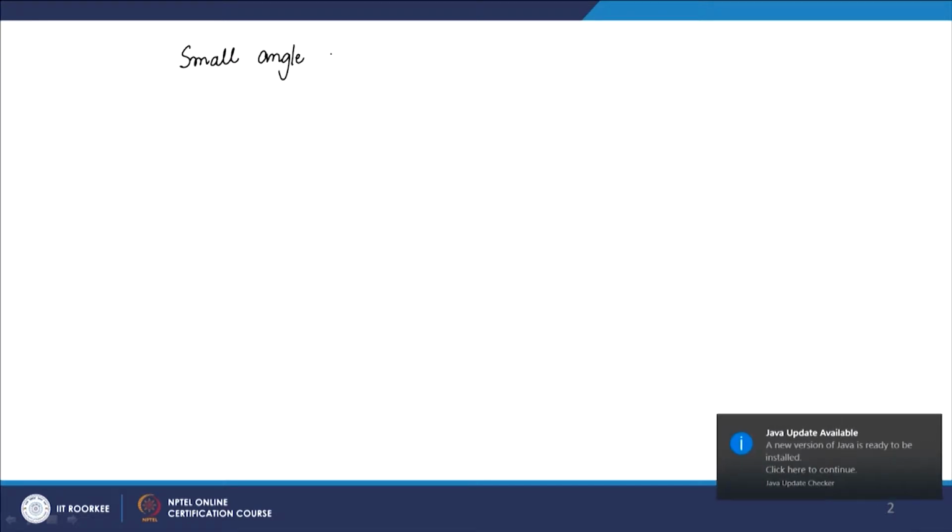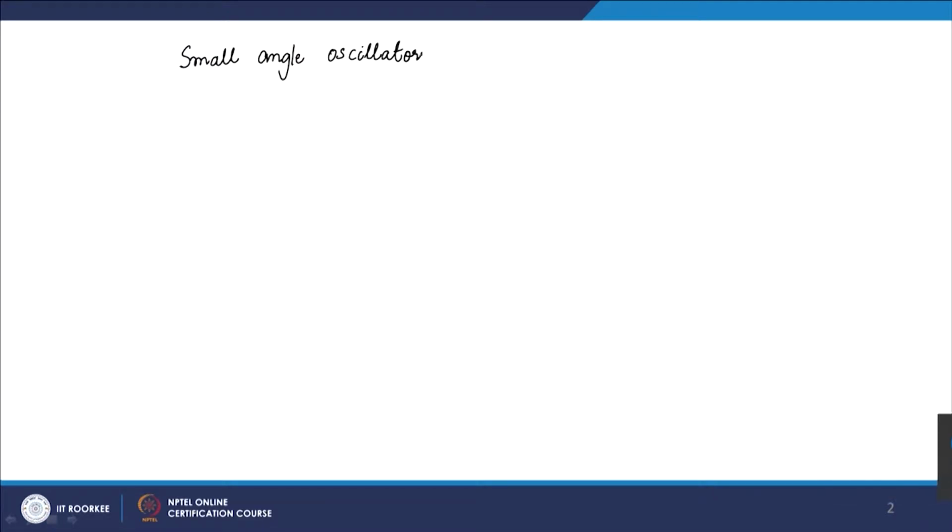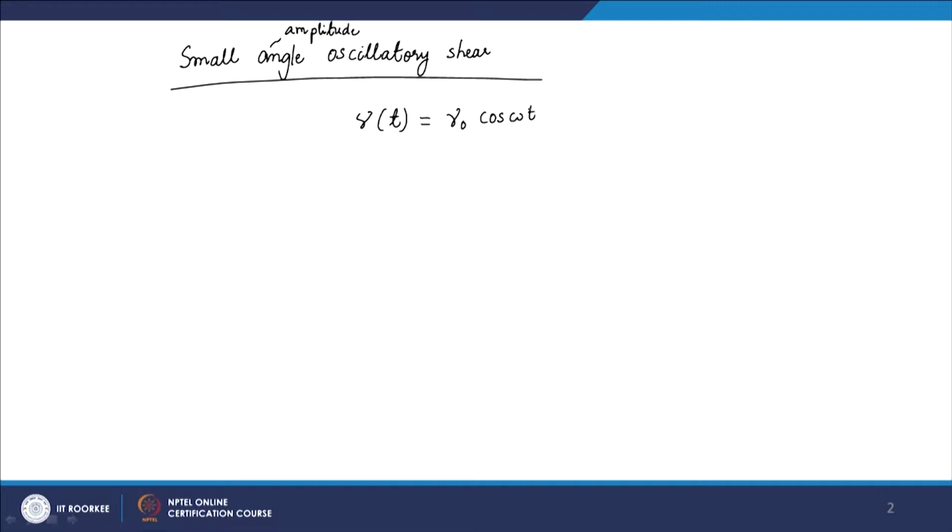So, basically what we have discussed in the small angle oscillatory shear, or the small amplitude oscillatory shear, is that we will have the shear varying with time by an oscillatory function.